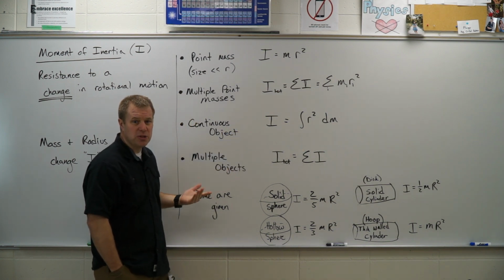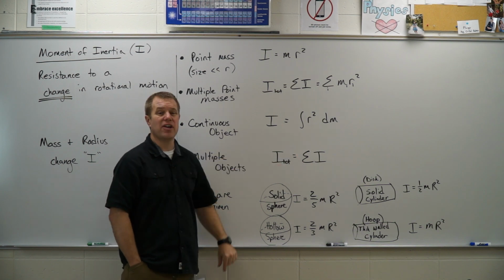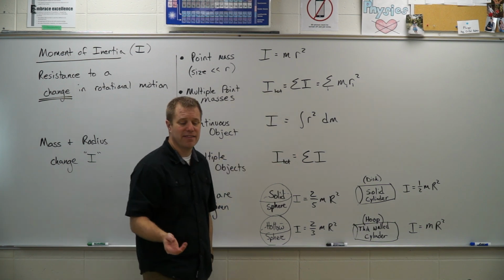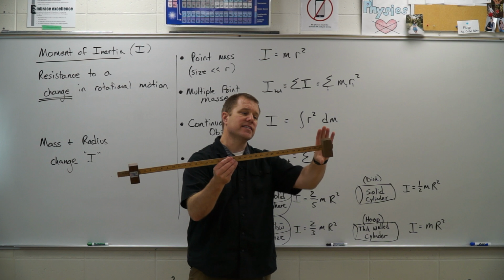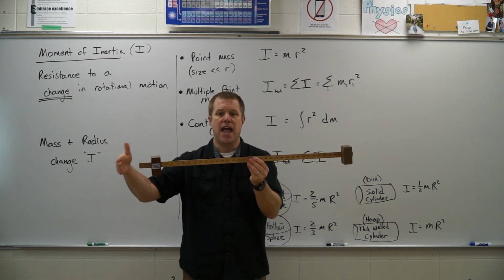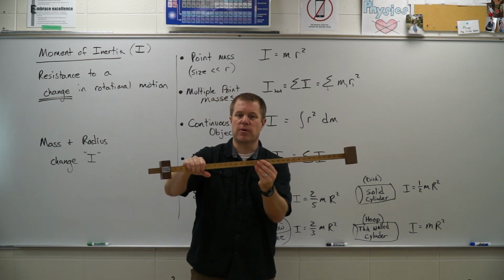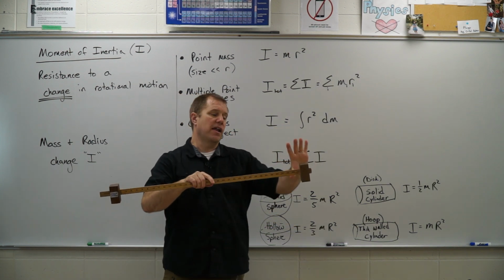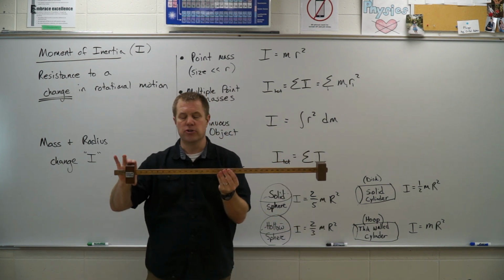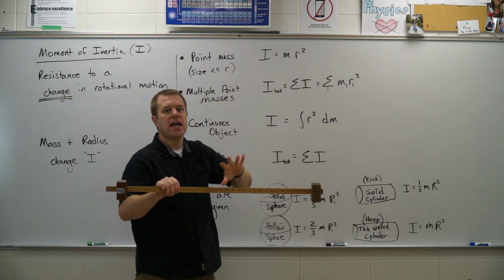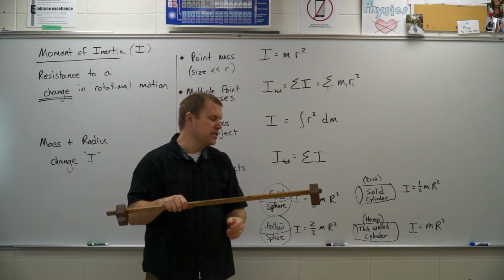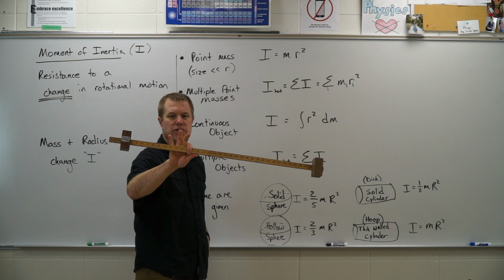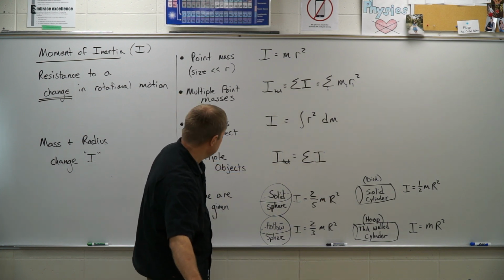If I have multiple objects, all I need to do is find their individual moments of inertia and add them together. So in this case, I have 2 point masses, and then I have the meter stick. I would have to find the moment of inertia of the meter stick using integration, and then find the moment of inertia of my 2 point masses using the point mass formula, and then add those 3 values together to get the total moment of inertia of this object.